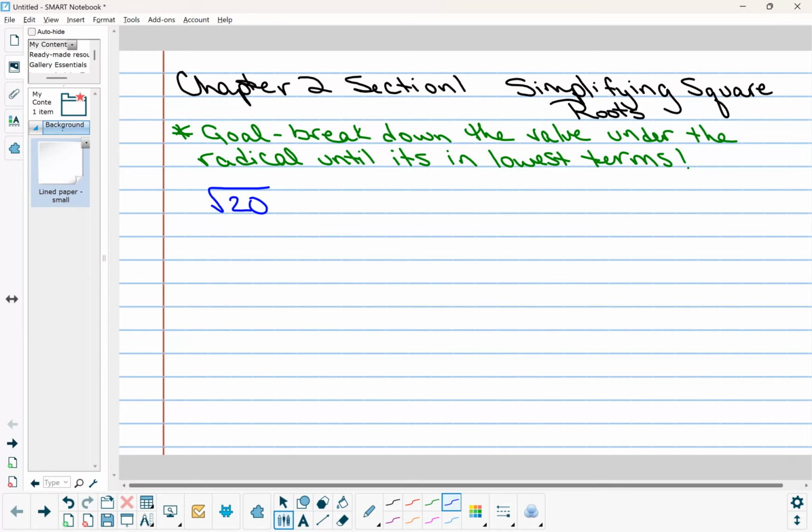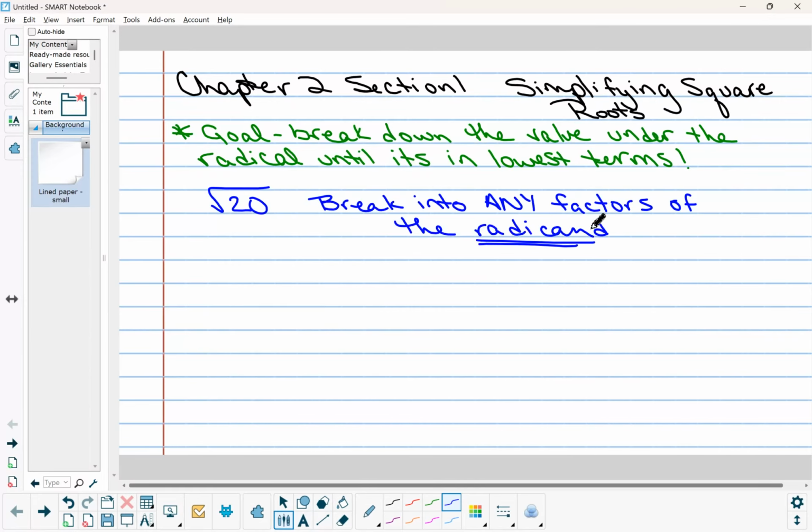Okay, well, we're going to take that and break this into any factors of the radicand. The radicand is the number under the square root symbol.